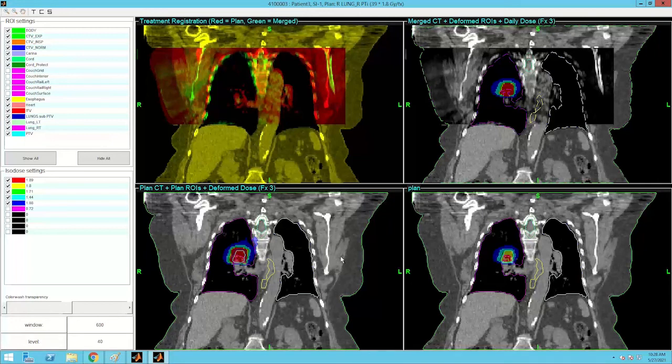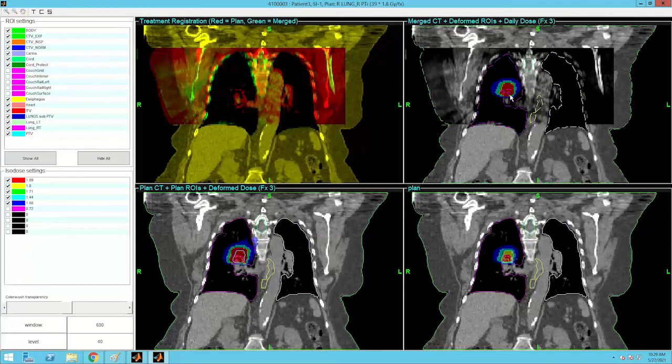The lower left is the planned CT with the deformed dose warped back. But the most interesting one is in the upper right quadrant. This one shows the deformed ROIs with the dashed line and the deformed dose as calculated on the merged CT.